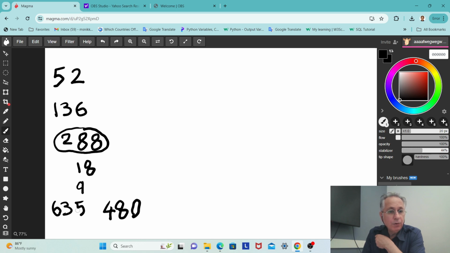These are all multiples of 5. Why? Because this right digit is 5 or 0. All the numbers whose right side is 0 or 5 are multiples of 5.